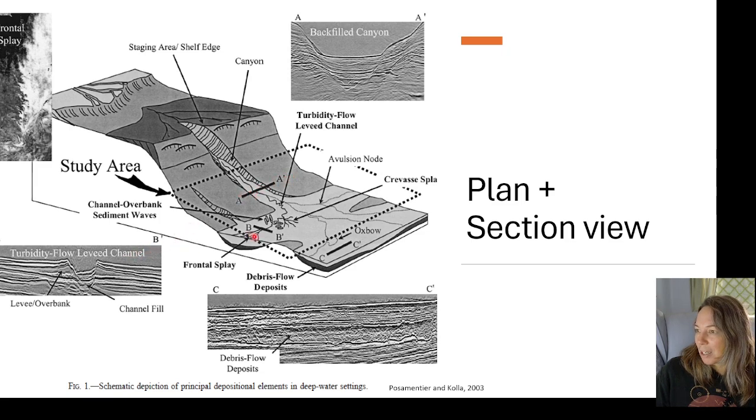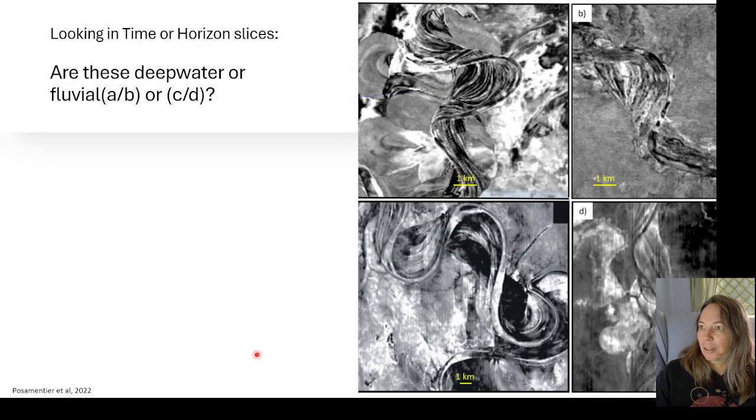Over here in B, off to the side, we've got some levees and overbanks, a turbidity flow levee channel. And then down here on the basin floor, in more of that distributary setting, we can see a lot of different debris flows that are stacked up on top of one another. So all of this is wrapped into that seismic geomorphology.